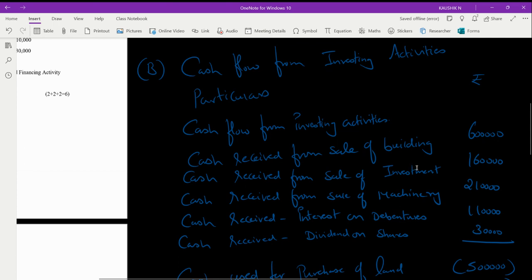Whereas financing activities are the activities that will result in a change in the size and composition of owner's capital. So financing activity is purely dealing with what? Shares and debentures, also the amount of loan you have borrowed from the bank.